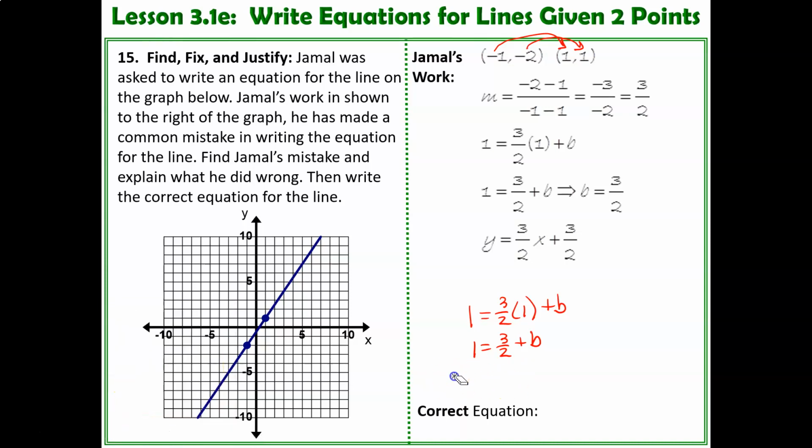So let's subtract 1 1/2. If you subtract 1 1/2, you are left with negative 1/2. So he just went wrong in the very last step. So he should have y equals 3/2 x minus 1/2. Okay? That's it.